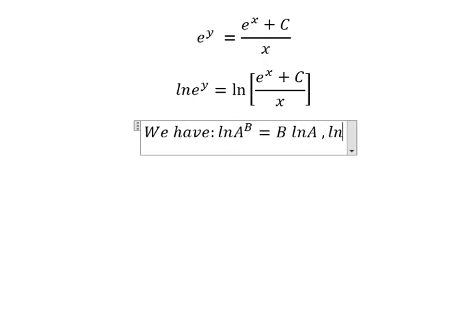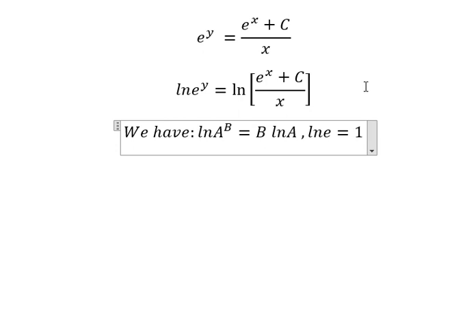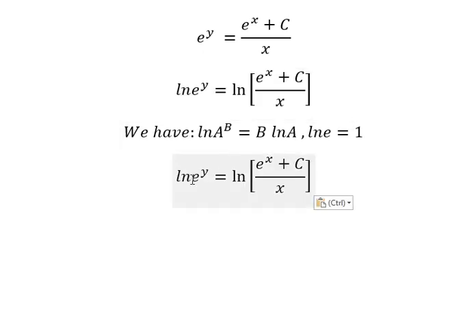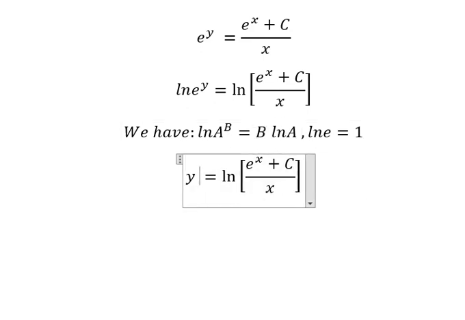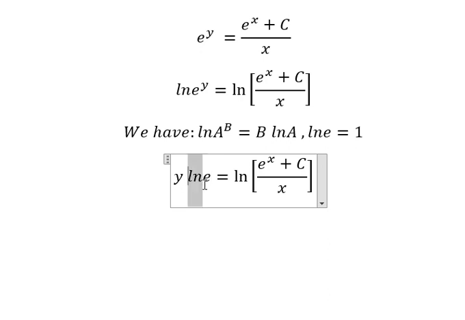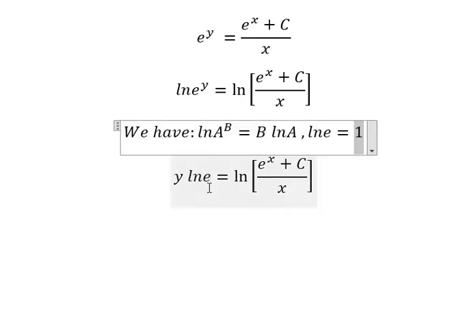And the second one. So ln e to the power of y, that is about this one. Now we need to transform into this one. So y will go outside. ln e equals to number 1.